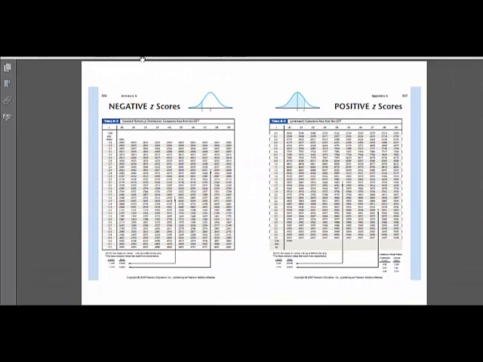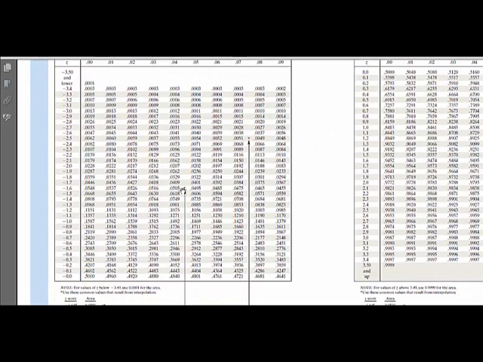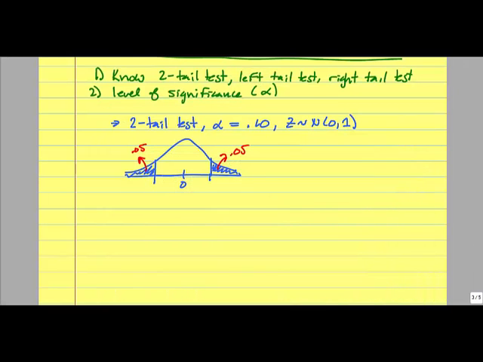Here that 0.05 is exactly in between these two values, 1.64 and 1.65, and they tell us to use the value of 1.645 for my z-score. So that means I have a negative 1.645 and a positive 1.645. So these are my critical values.